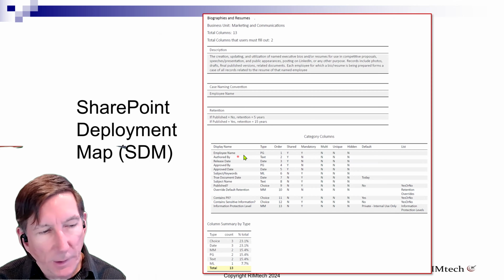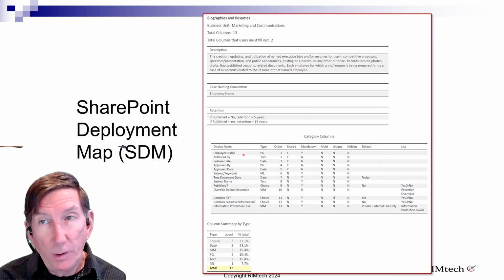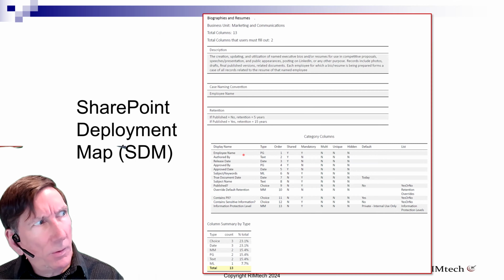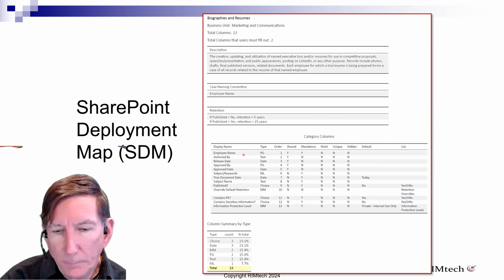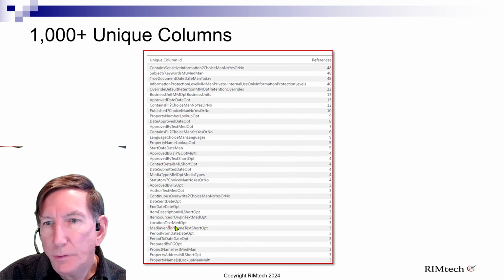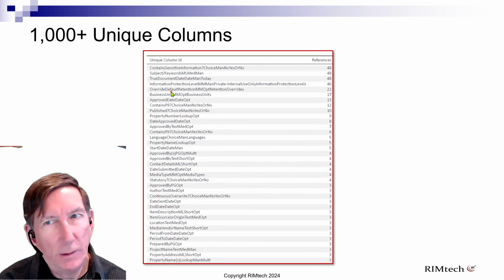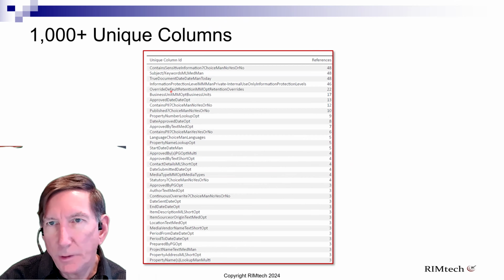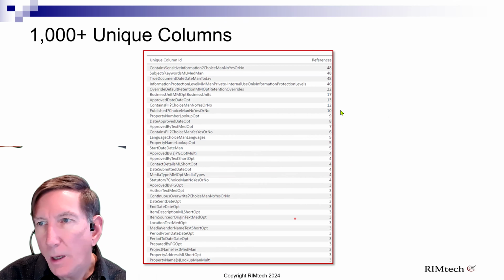So this is a phenomenal photograph of what's going on in SharePoint. What exactly do we have? And here is a list of unique columns, it's just a single page capture, but you can see all the different unique columns, and how many times they're used across SharePoint.